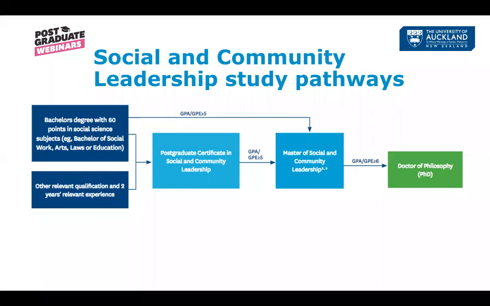Essentially, it's anything that demonstrates that you've done some thinking about society, community, you recognize that particular people experience particular challenges, a general sense that you have done some work in your undergraduate degree that touches on those elements, or that you've had some relevant experience working in a social or community setting.